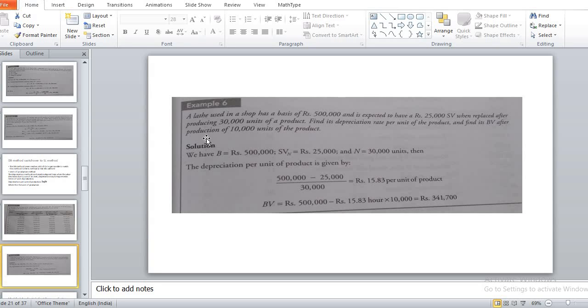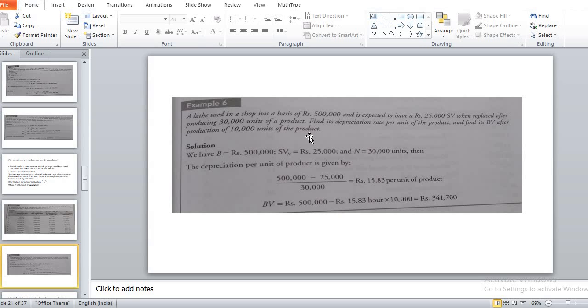A lathe used in a shop has a cost basis of rupees 5 lakh and is expected to have a rupees 25,000 salvage value when replaced after producing 30,000 units of a product. Find its depreciation rate per unit of the product and find its book value after production of 10,000 units of the product.